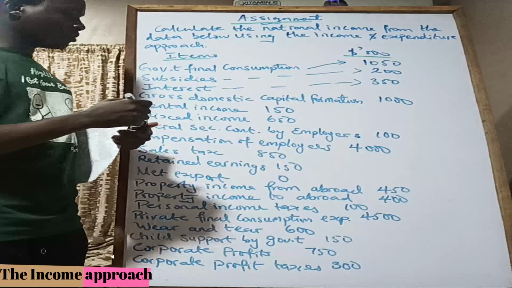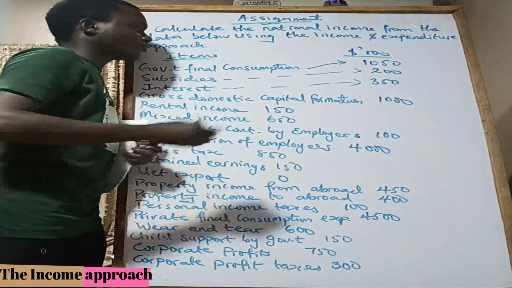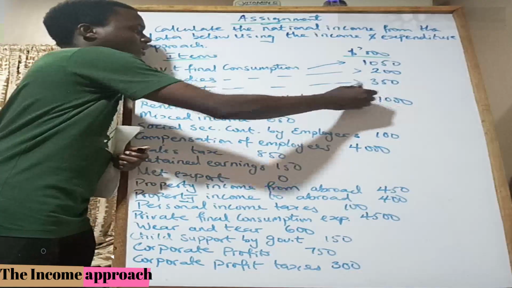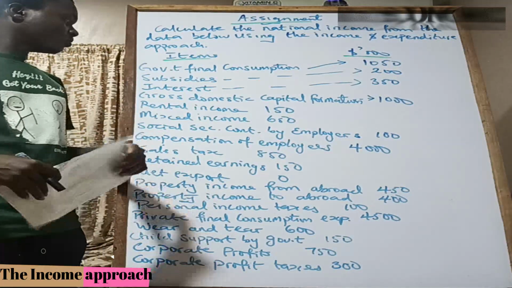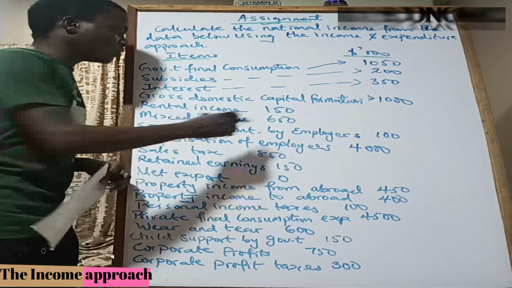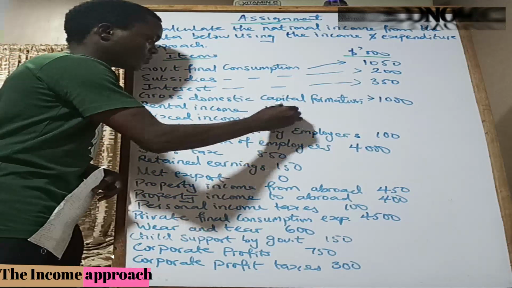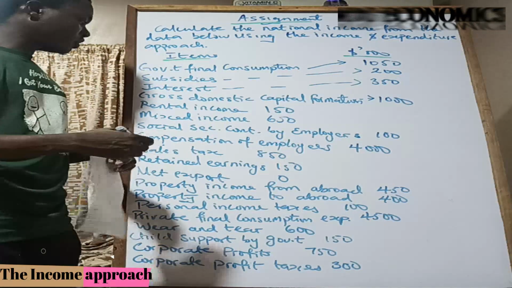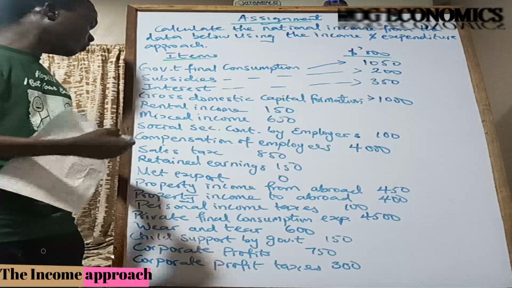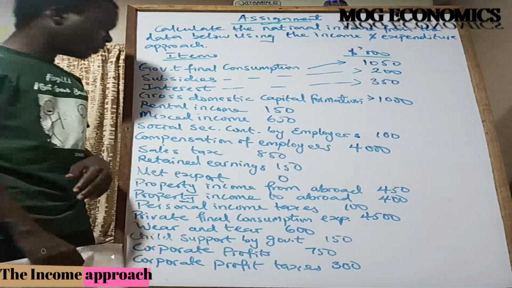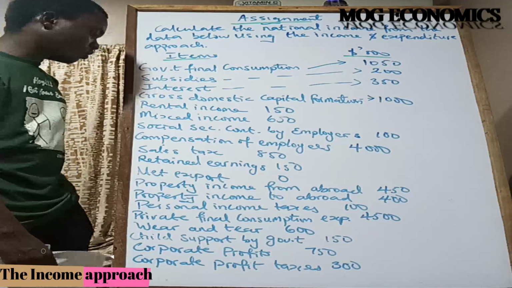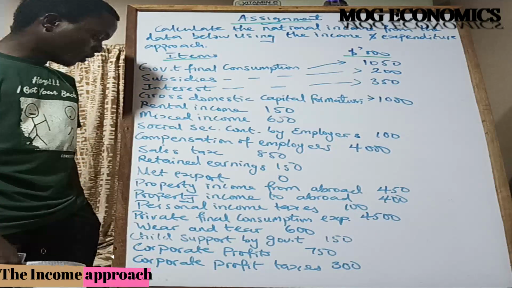Gross domestic capital formation, which is an item under investments, 1000. Rental income 150, mixed income 650. Social security contribution by employers 100. Compensation of employees 4,000. Sales tax 850. Retained earnings 150. Net export is 0.